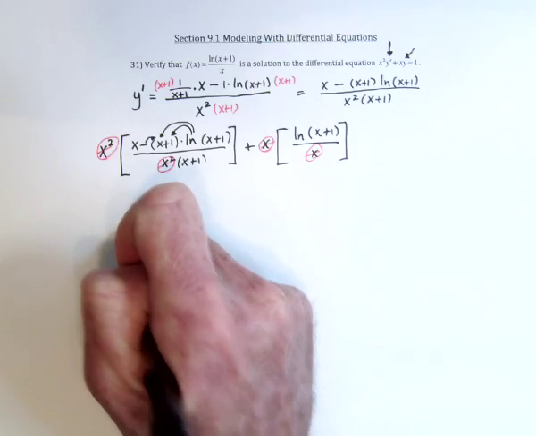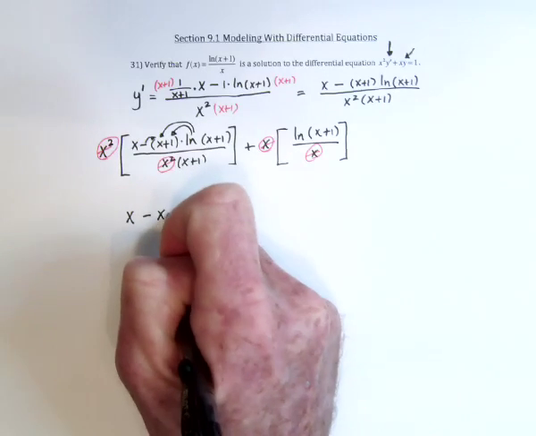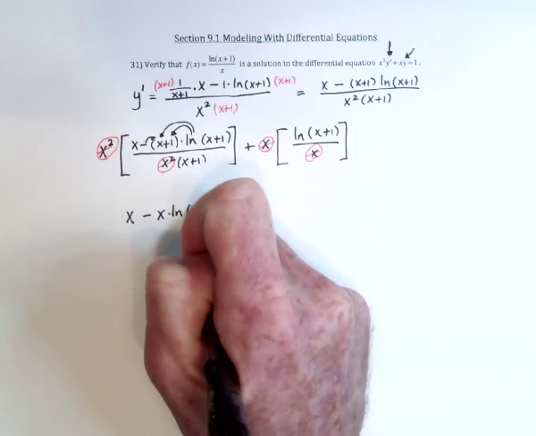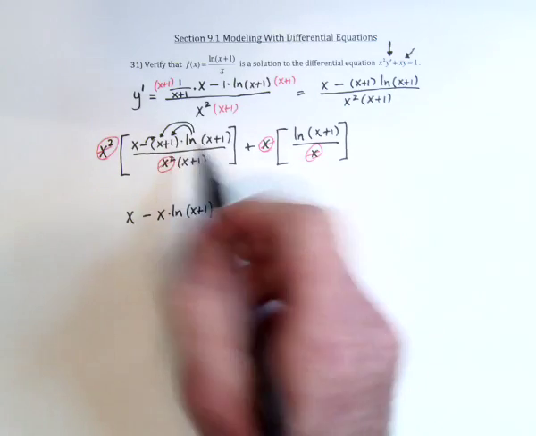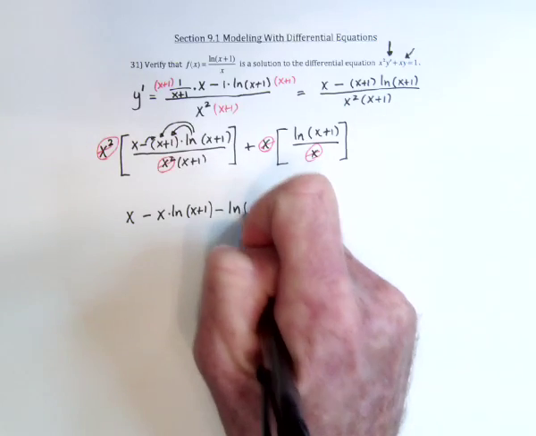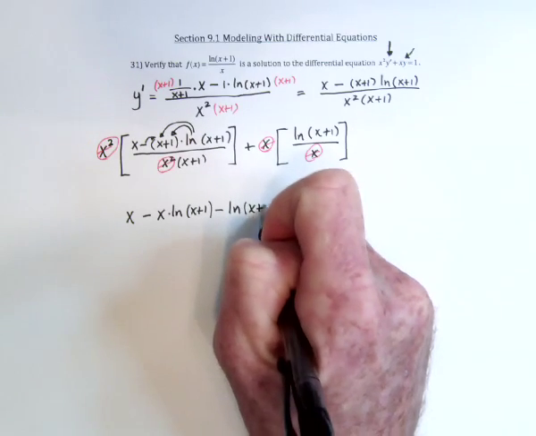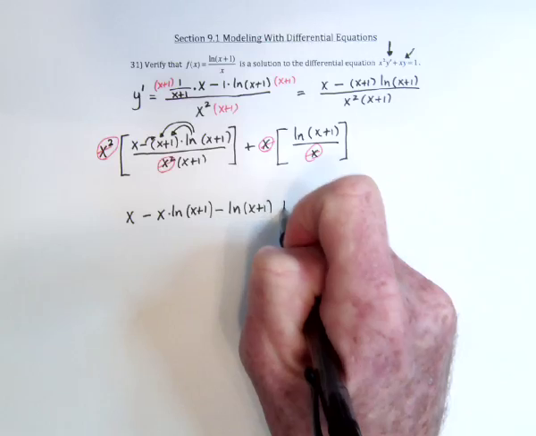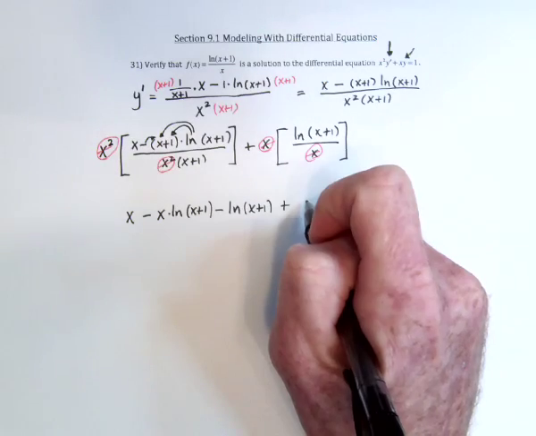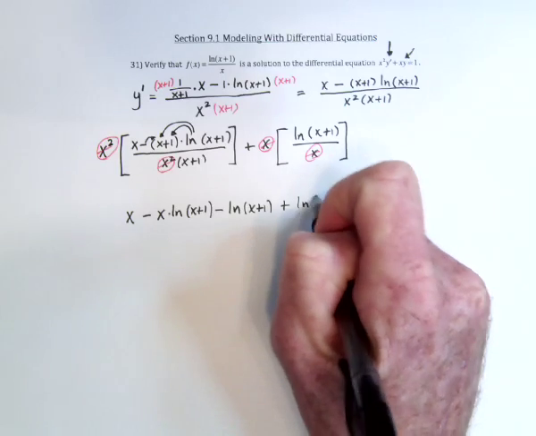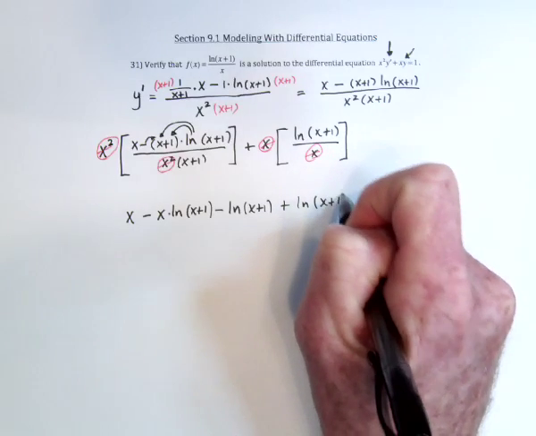So you have x minus x times the natural log, and then minus 1 times the natural log, so minus the natural log of x plus 1. And then plus over here, we would have natural log of x plus 1.